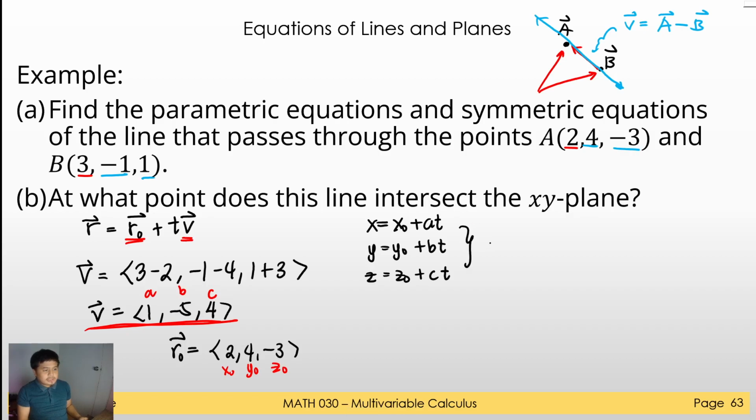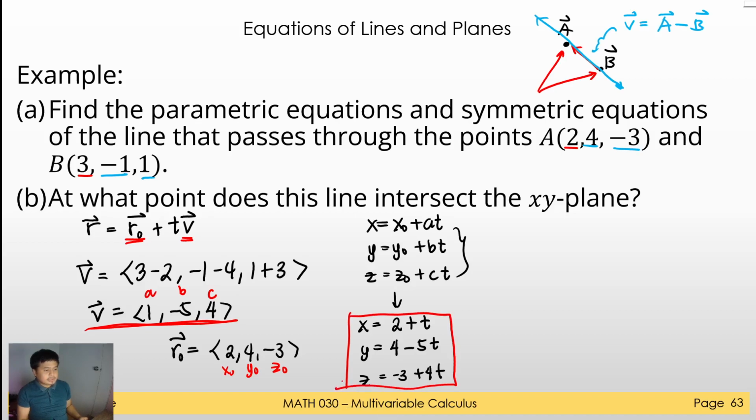If you substitute, x is equal to 2 plus t, y is equal to 4 minus 5t, and z is equal to -3 plus 4t. So this will be your parametric equations.